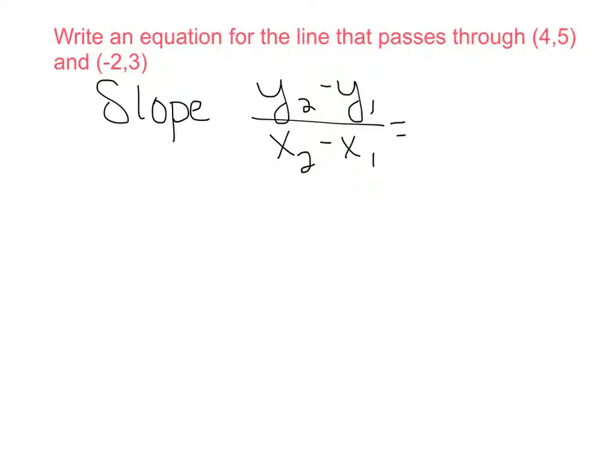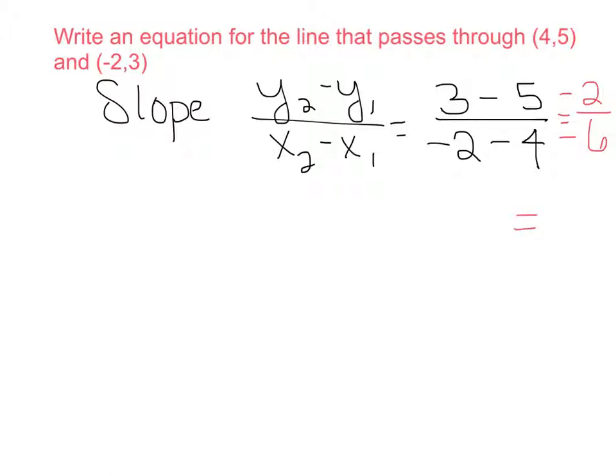So my y2 is 3, my y1 is 5, my x2 is negative 2, and my x1 is 4. So my slope becomes negative 2 over negative 6, and negative 2 divided by negative 6 would be a positive 1/3. So my slope is 1/3.